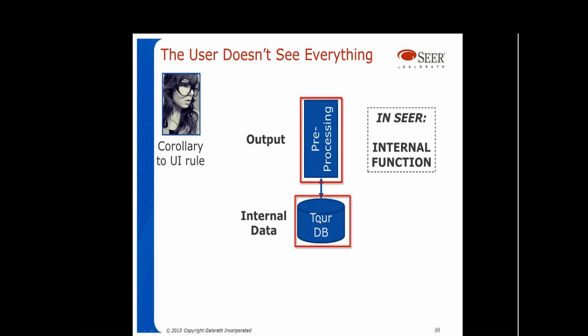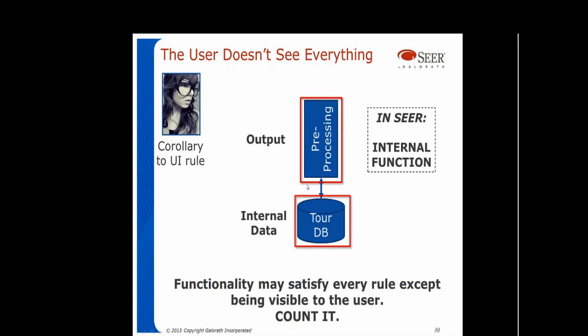There's internal data, and then there's pre-processing that processes this internal data. The action here occurs using what's called a cron job, for those of you who know what that is. That cron job is run fairly independently, and it processes the data, and nothing exits or enters the application boundary. That is an internal function right there.